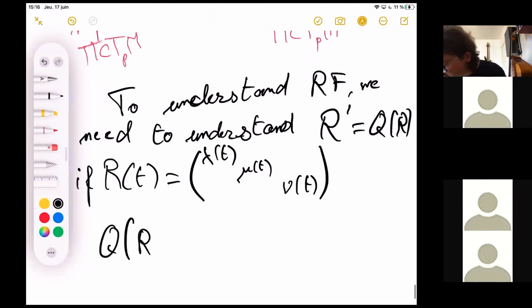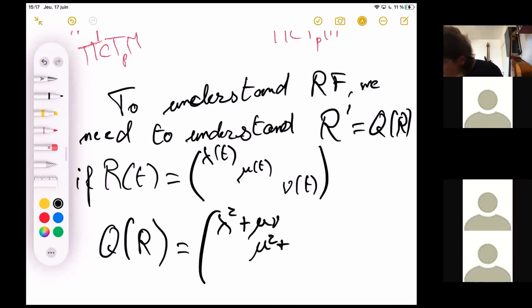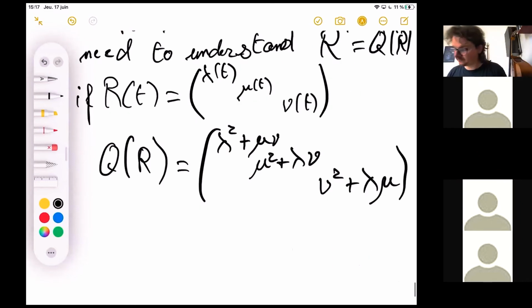Then what is Q of R? It's lambda squared plus mu nu, mu squared plus lambda nu, and nu squared plus lambda mu.